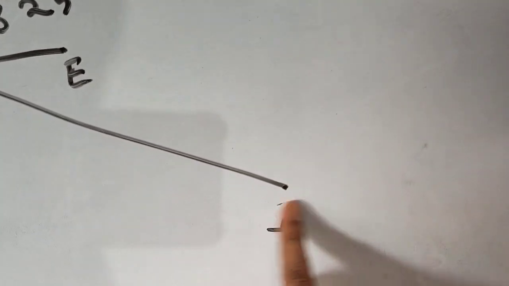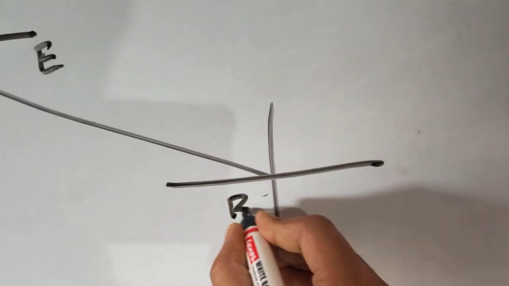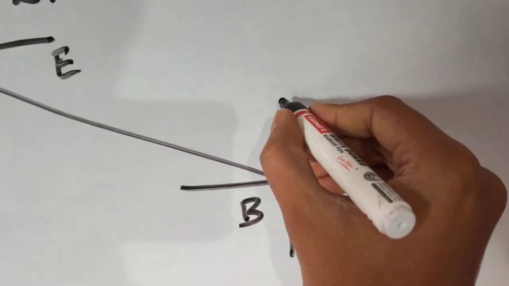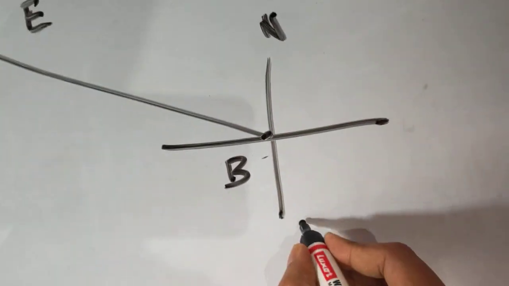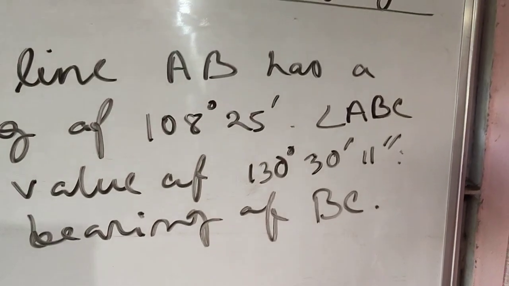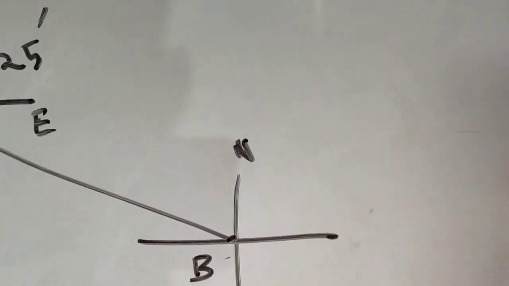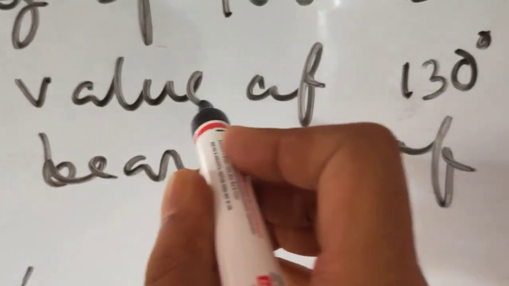So this is point B. Let us draw the directions first. Okay. This is point B. This is again north, south. Okay. So there is another point C, and angle ABC is given. So angle ABC is 130 degree 30 minute 11 second.